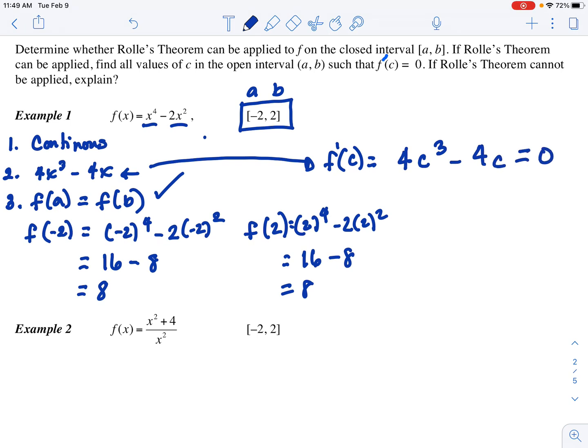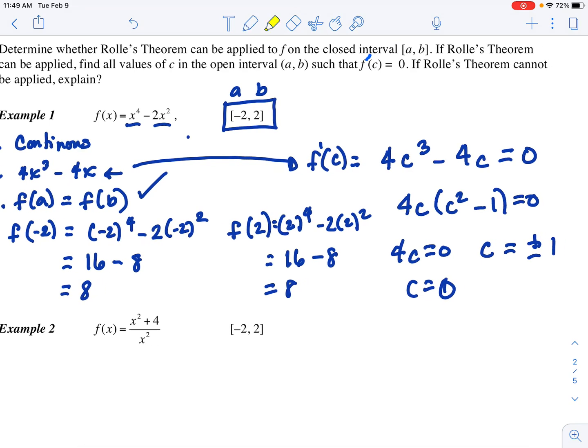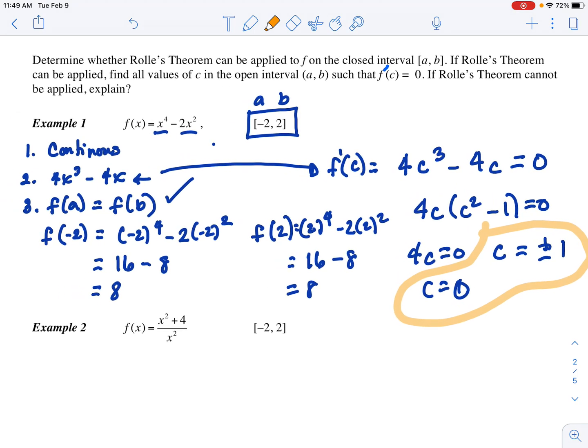Okay, we got 4c in common: 4c times c squared minus 1 equals 0. So 4c equals 0, c equals plus or minus 1, so c equals 0. And what were these c's again now that we've done the summary of a sketch curve and all that? What do those represent? Critical points. Okay.